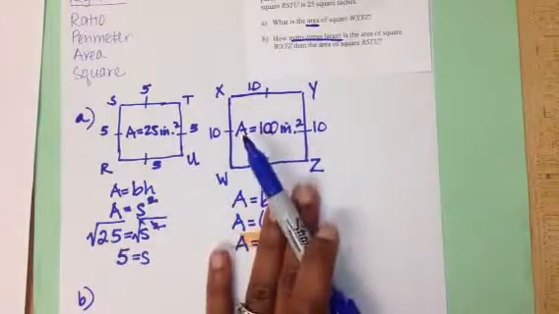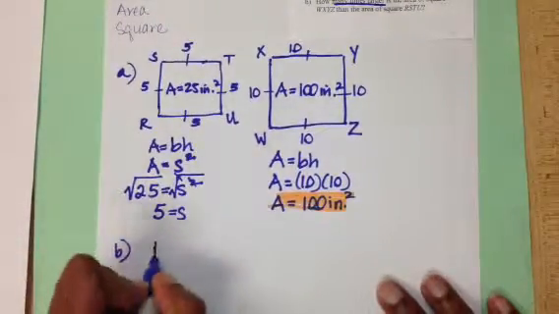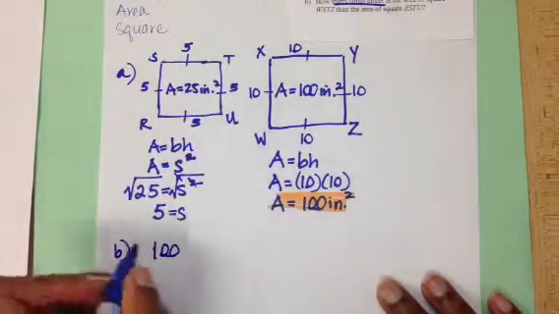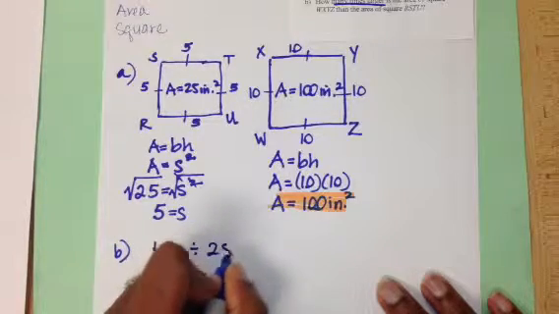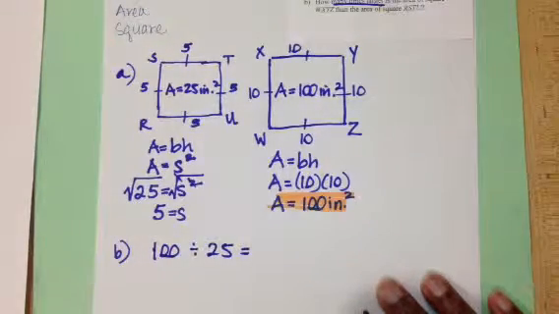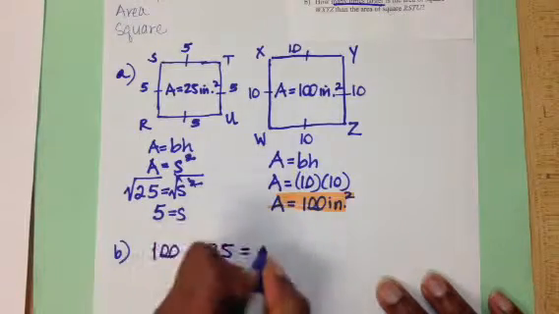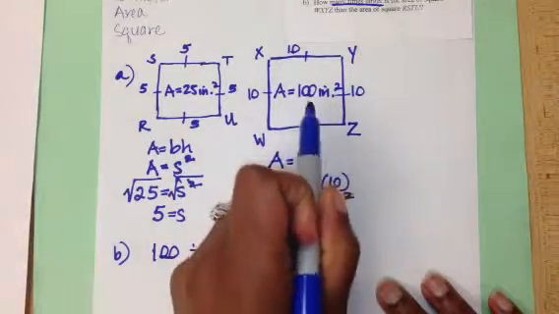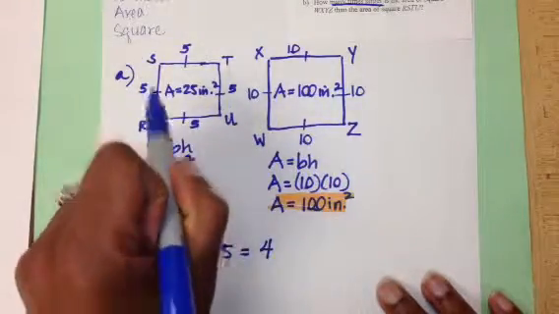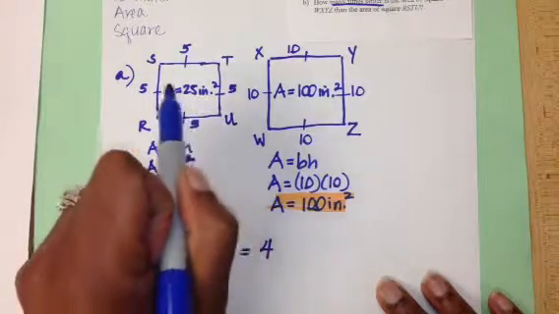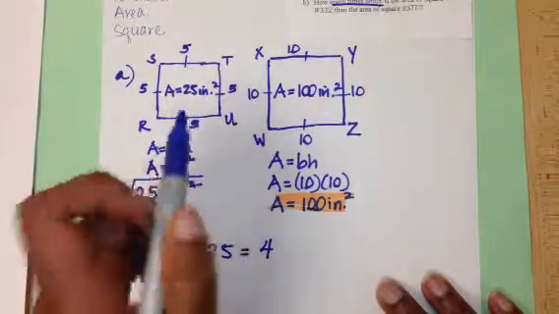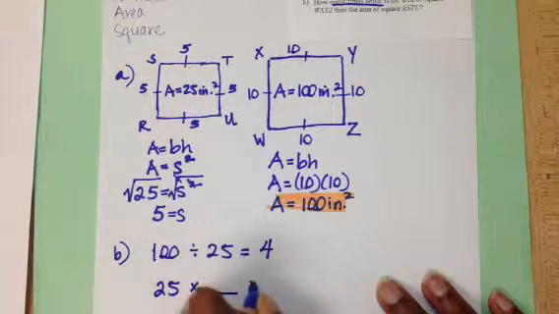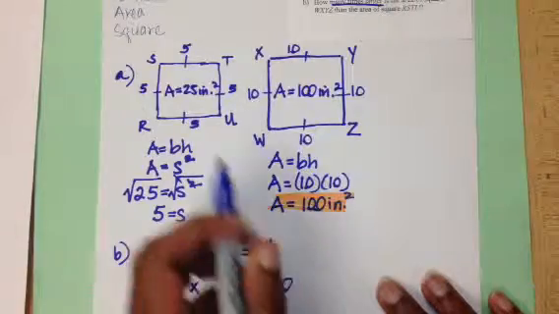I take my 100 inches squared and divide that by the area of RSTU, which is 25. 100 divided by 25 is 4. So WXYZ is 4 times as large as RSTU. If we wanted to move backwards, I could say 25 times what number would give me 100?